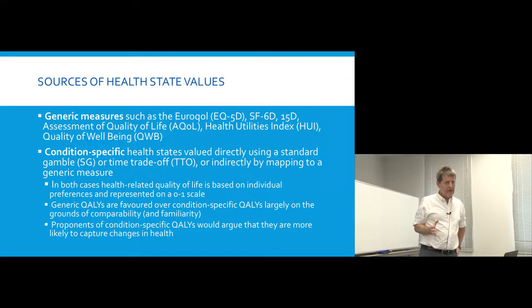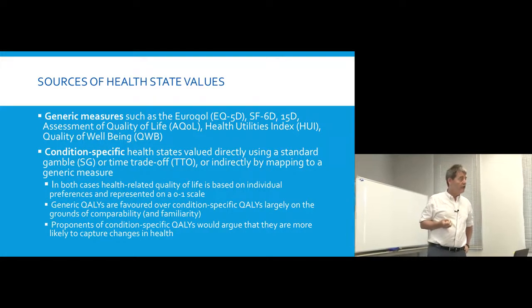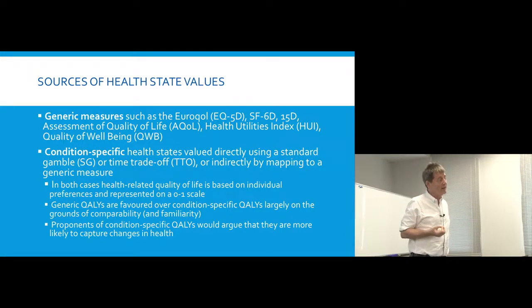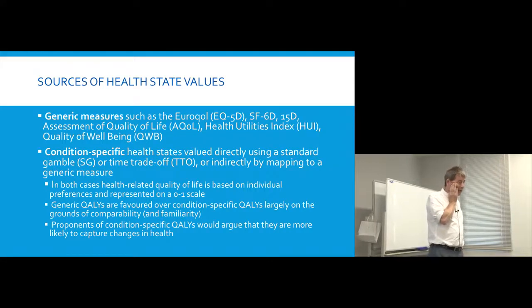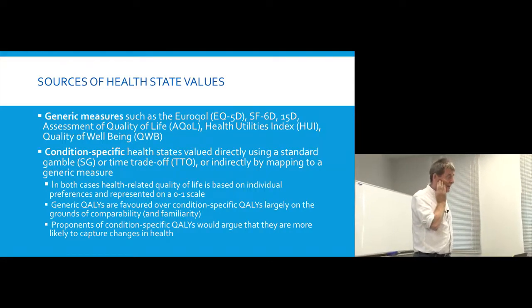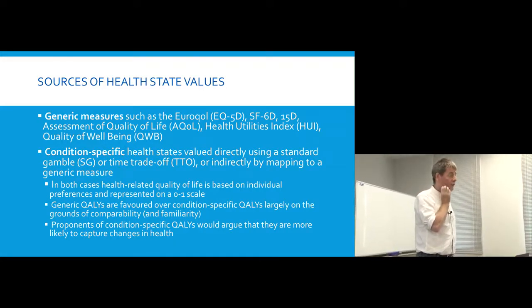Now, the alternative to using a generic measure is to use condition-specific data, so to use condition-specific health state descriptions and to value those condition-specific health states. And you could value them directly by using such measures as a standard gamble, which I won't have time to explain, or more likely the time trade-off, which I will be explaining.